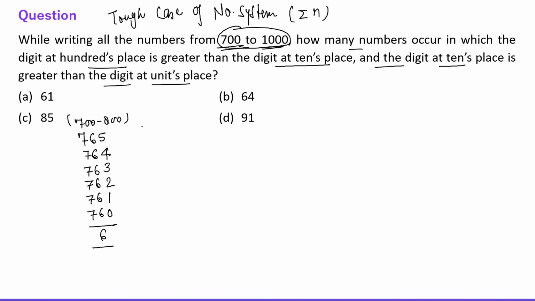Clear? Now we are using 5 just after 7. So how many numbers do we get now? We can start with 4 and go down to 0, so here we are getting 5 numbers. Now we write 4 after 7 and we are getting 4 numbers.